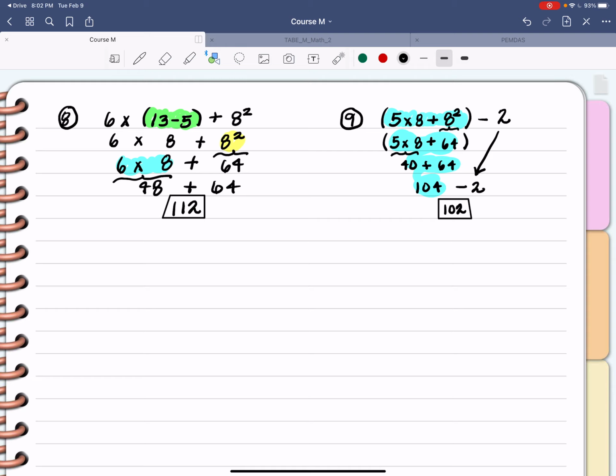Okay, number 10. We have 5 times, parentheses, 12 minus 2, parentheses, plus 9 squared. Parentheses must come first. 12 minus 2, that's 10. Copy.